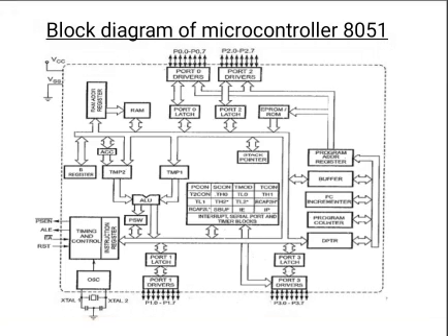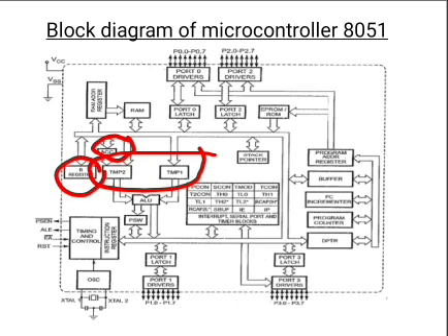The 8051 microcontroller consists of some registers, that means accumulator A and B register. These two are temporary registers.